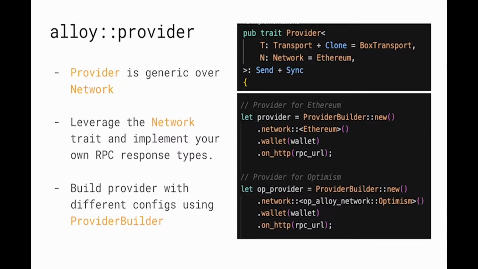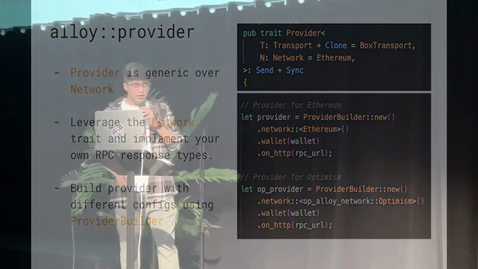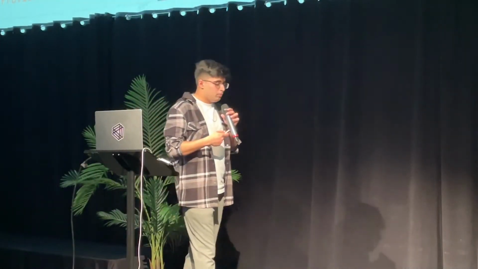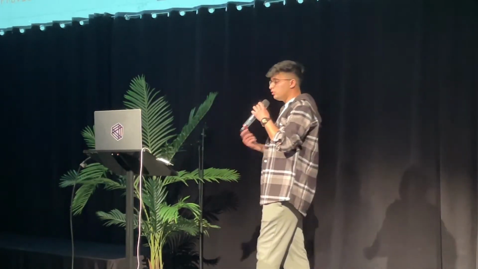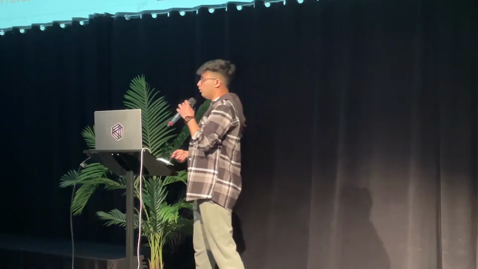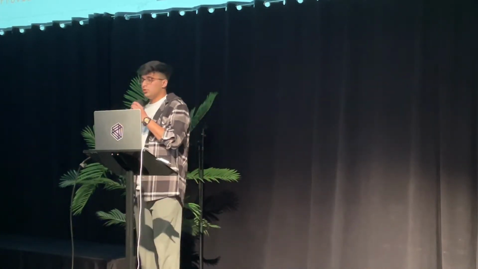The provider builder enables you to build a root provider with different configurations, not only networks, but layers and fillers, which I'll talk about in the next few slides. You'll see the builder pattern in Alloy quite often. We think it is the most intuitive and safe way for an amateur developer to get started and build a provider.